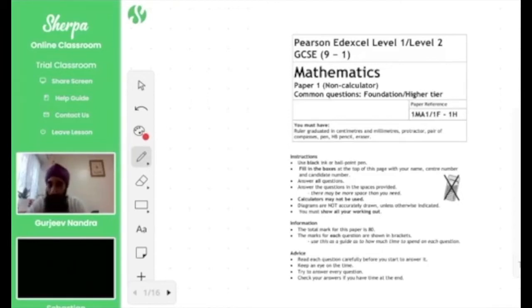So today, the aim is to look at some problems that you'd see in both papers, both higher and foundation, and it's really important for the foundation students to get these right if they want to get those grade 5s, but equally they're meant to be the bread and butter marks for the higher students.